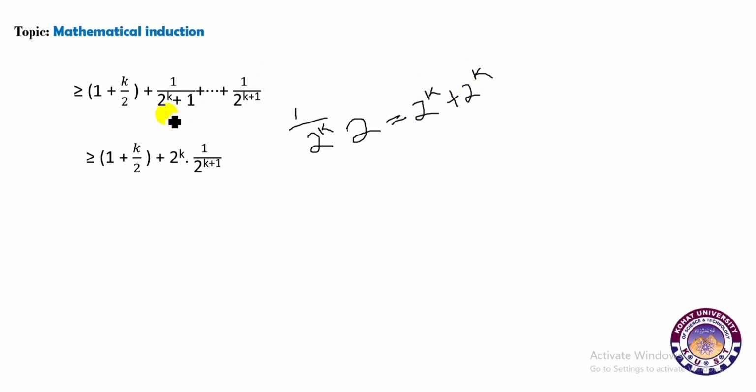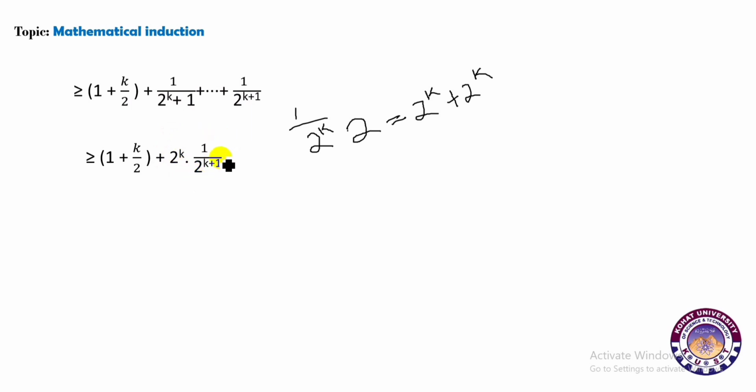From this we can say that there are totally 2 raised to the power k terms, from 1 plus 2, 3, up to 2 raised to the power k plus 2 raised to the power k.